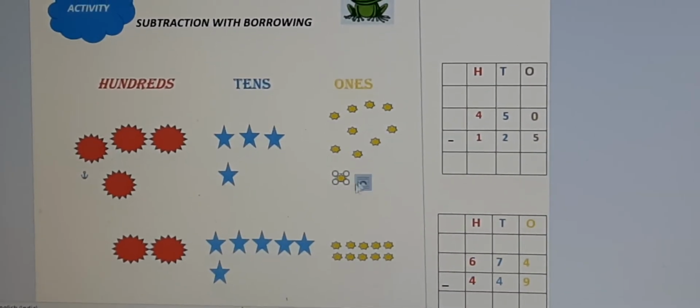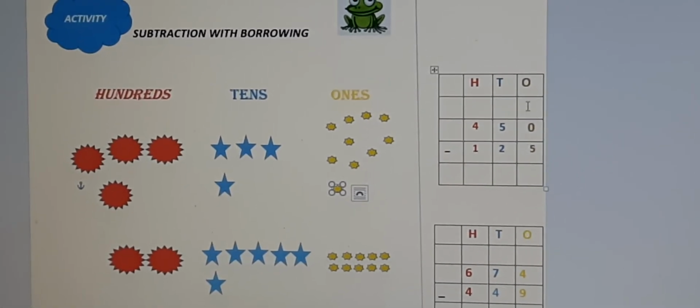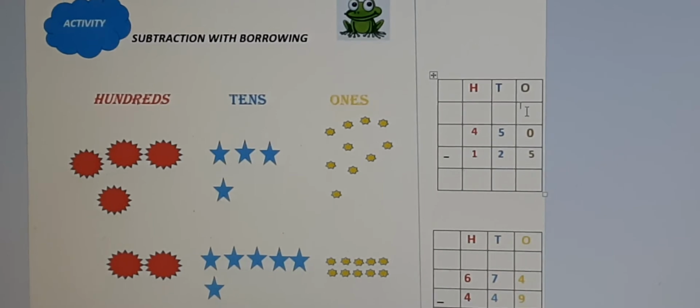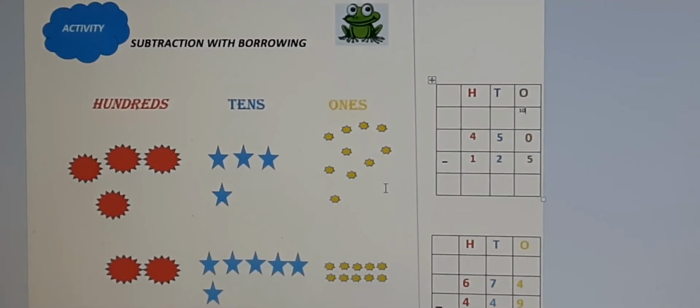Yes. So now how much will we have to subtract? 5. So now under the ones value our minuend is 10 and we'll have to subtract 5 from it.